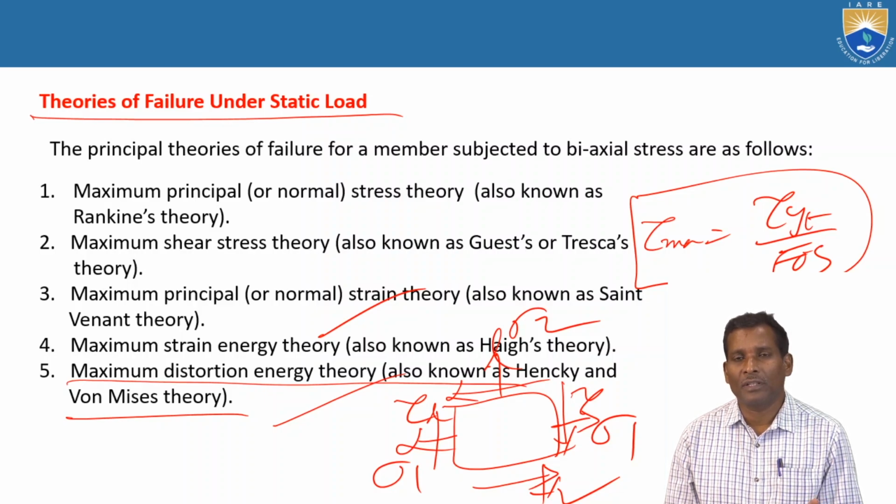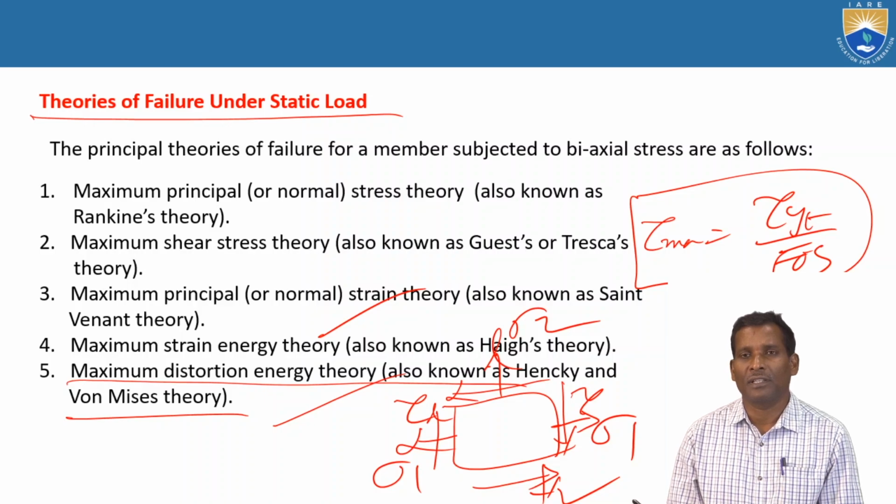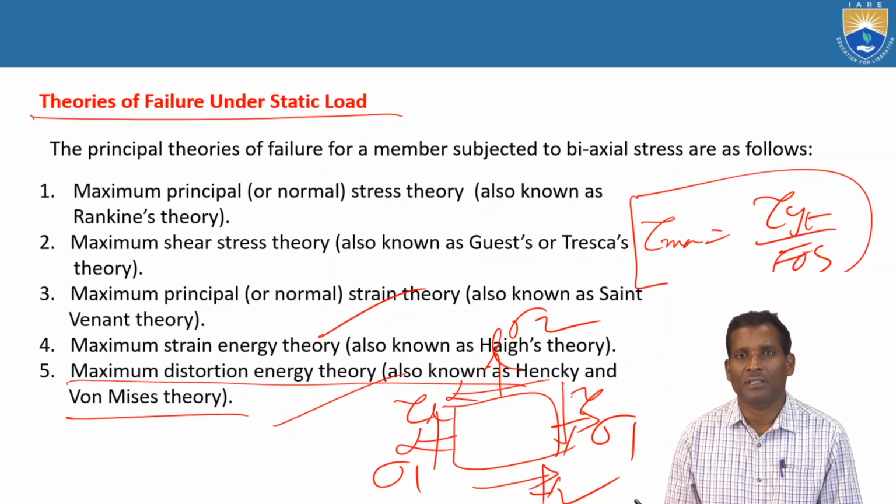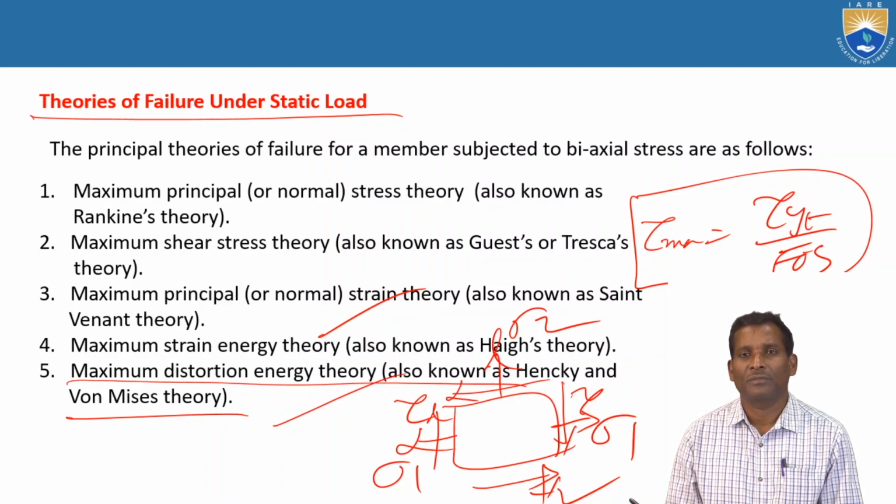So this theory is very useful for machine component analysis, for calculating the von Mises stresses. Whenever the object is subjected to biaxial stresses, what are the deformations? At which deformation does it occur? What is the stress level at the particular component?